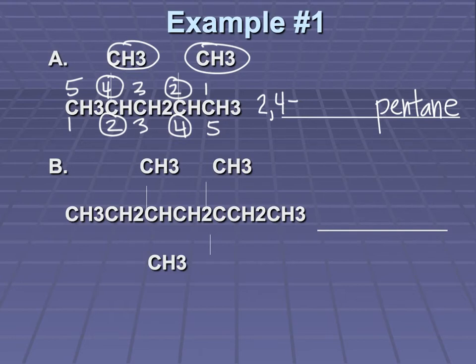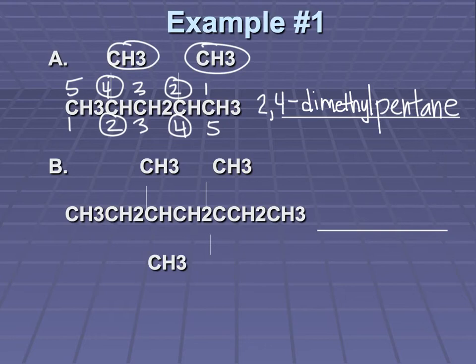So it gets the prefix di. So these are dimethyl. All right, so then the compound name is 2,4-dimethyl pentane. Okay, 2,4-dimethyl pentane.